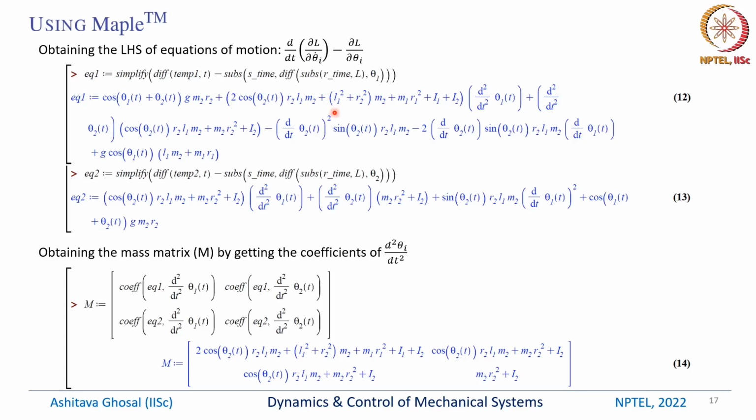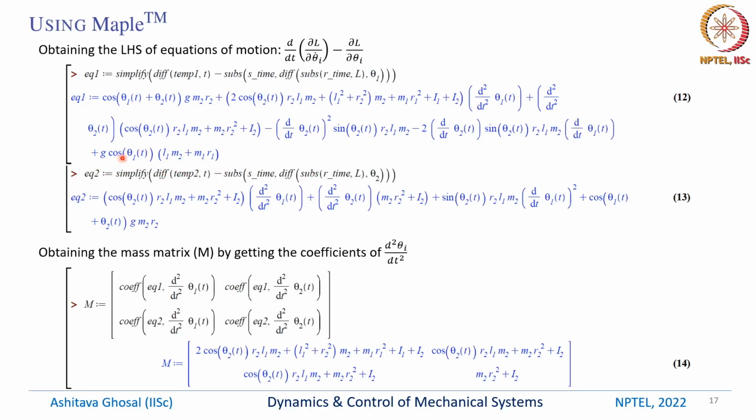Then you will have m2 into L1 square plus R2 square, and this is M1 R1 square, and this is I1 plus I2. Everything is multiplied by the second derivative of theta 1. Likewise we will get other terms. So for example, you will get something like L1 M2 plus M1 R1 into g cos theta.